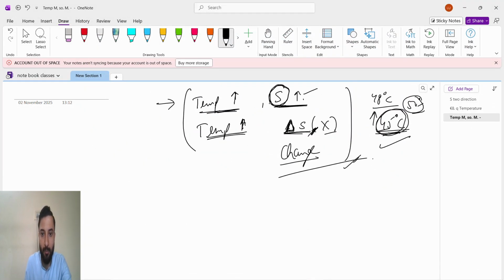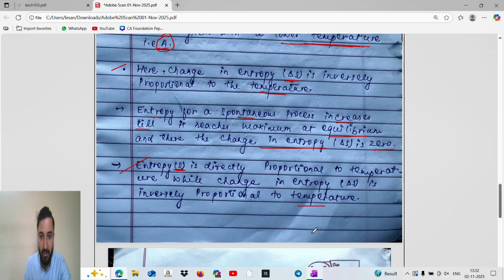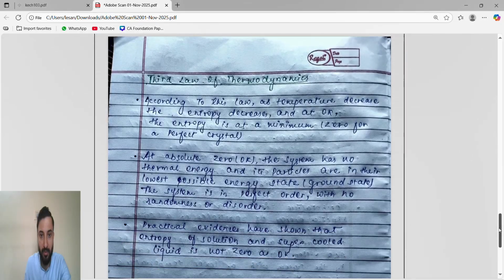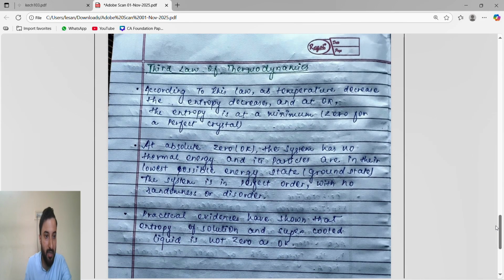So entropy will depend upon temperature, but change in entropy, delta S, is inversely proportional to temperature. See here, entropy is directly proportional to temperature. This concept is very important. Now look quickly.